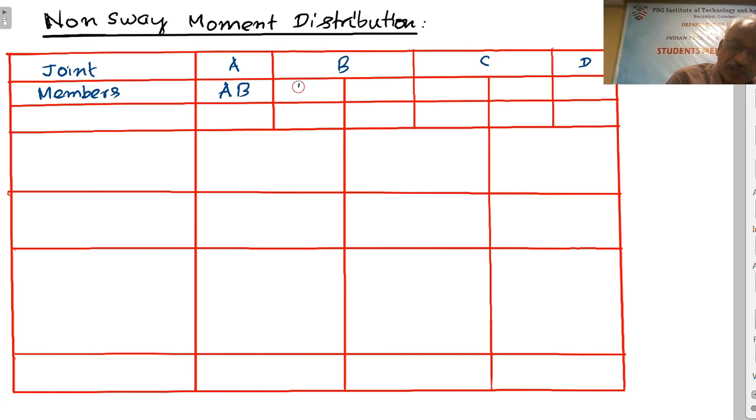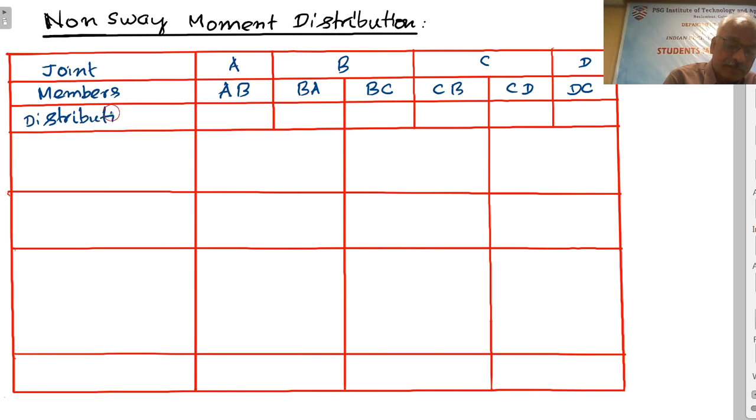At B you have BA the column and BC the beam. At C again you have two members, CB the beam and CD the column. And at D you have only one member, namely DC. Right. Now next is the distribution factors.